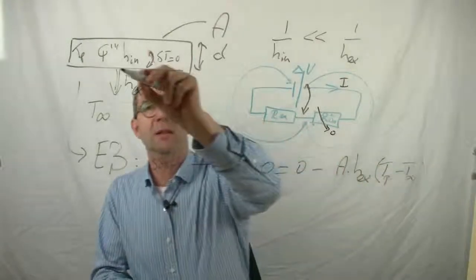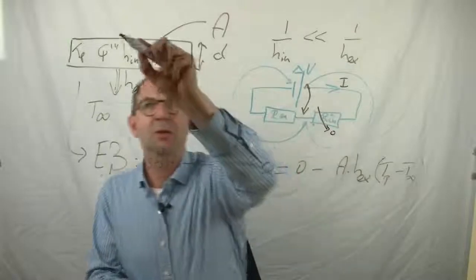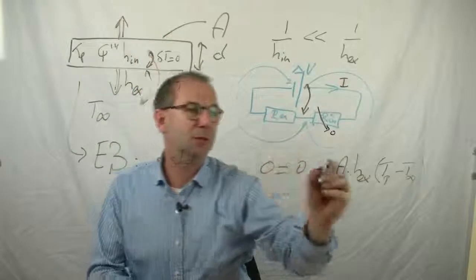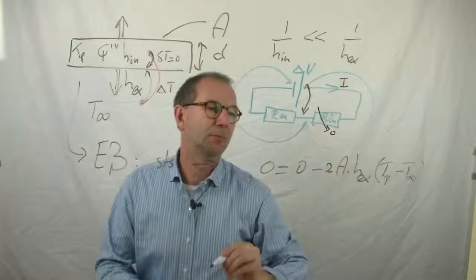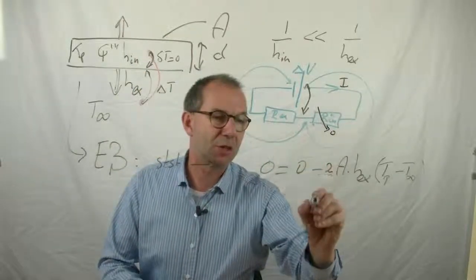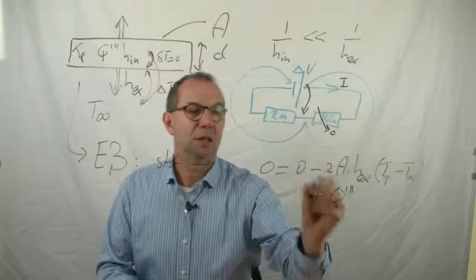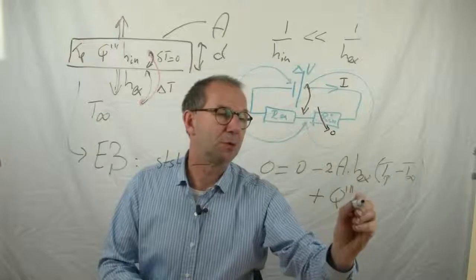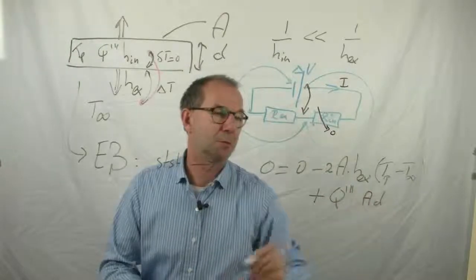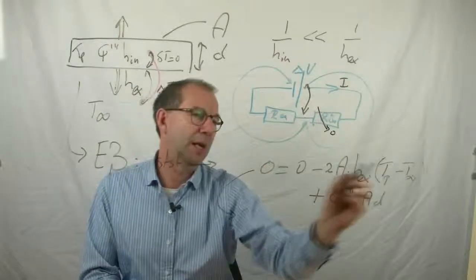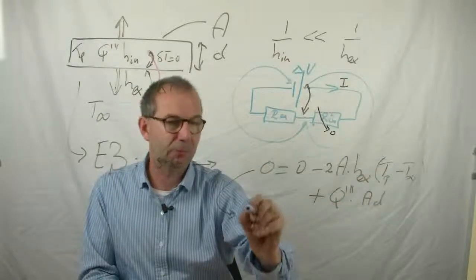Oh, but I shouldn't forget that the plate has two sides. So also here, heat is going out and that is just the 2 here. And obviously there's heat production, so in the entire plate, the production per unit volume times the total volume is what is produced.